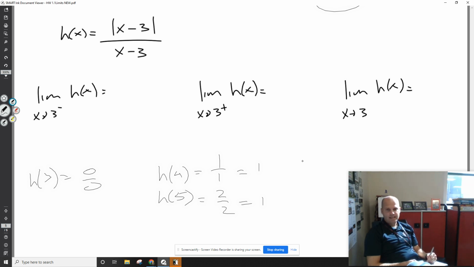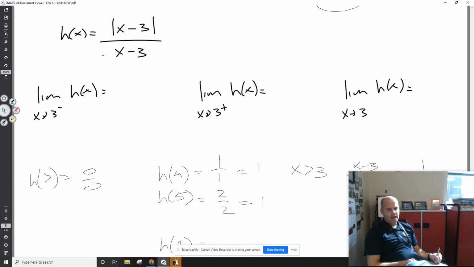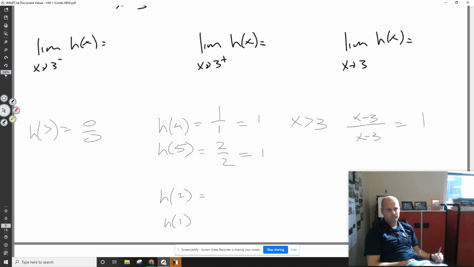If I plug in anything bigger than 3, I will get a positive x minus 3 over a positive x minus 3. That's 1. Well, let's plug in something like 2 and 1. Well, if I plug in 2, I have 2 minus 3, which is -1, but the absolute value makes it a positive 1. So I have a positive 1 over a -1.